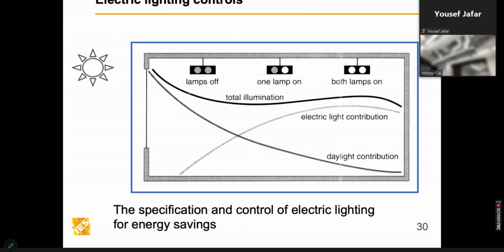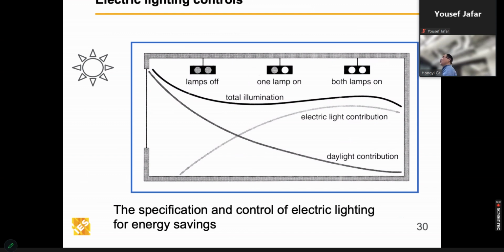In the deep space, you still need those electrolytes on because your daylight contribution is very small. And in the middle, you should dim the electrolytes, so the total light levels will be kind of stable across the space. So that's just the concept.